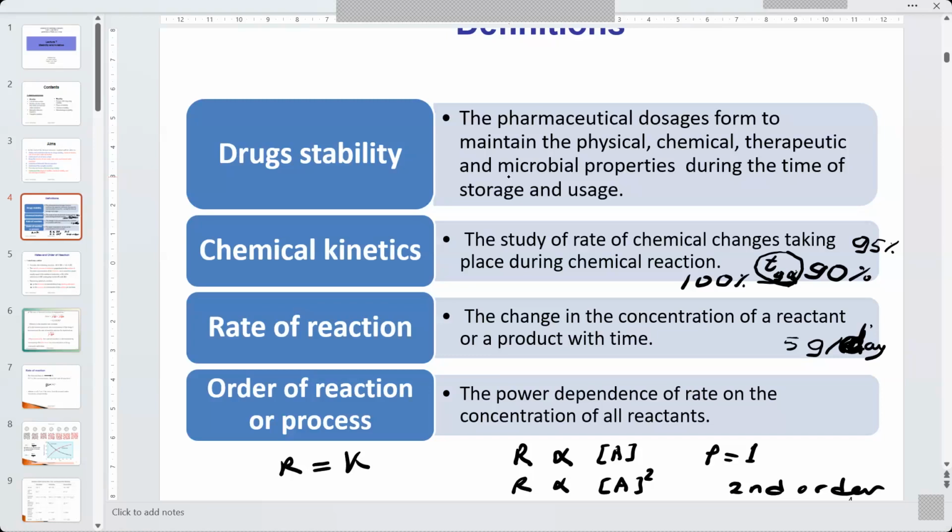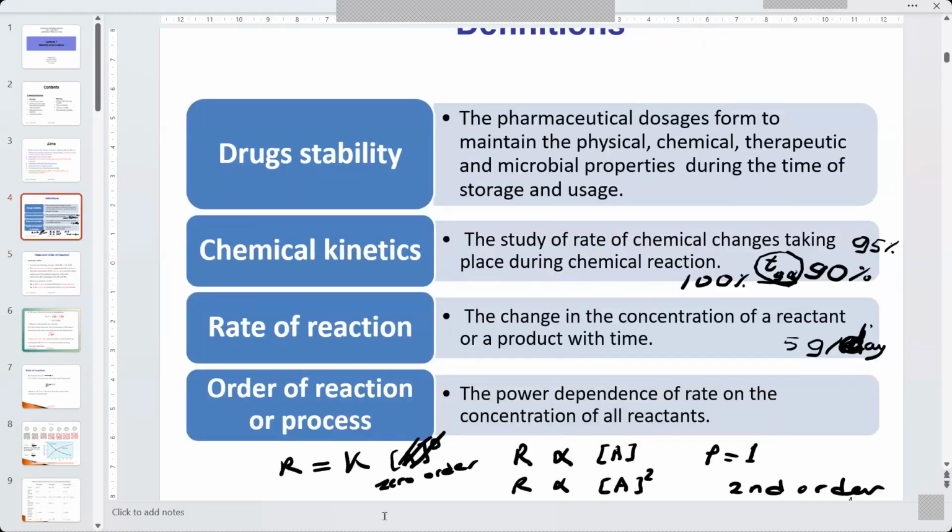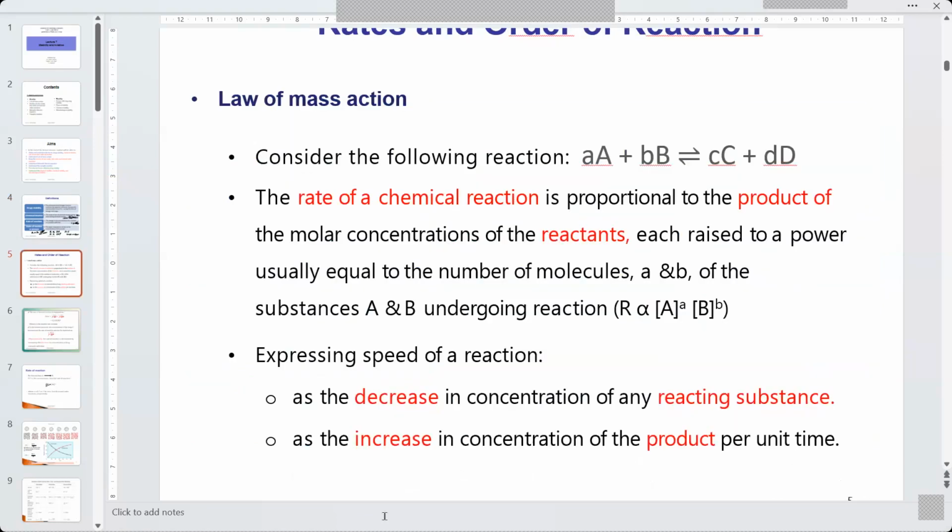So if no concentration, then the concentration is raised to the power of how much to become 1? 0, right? So this one we call zero order reaction. So order of reaction is the power dependence of reaction rate on the concentration of reactants.